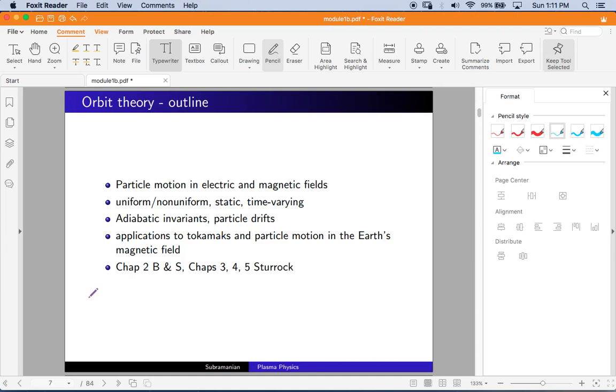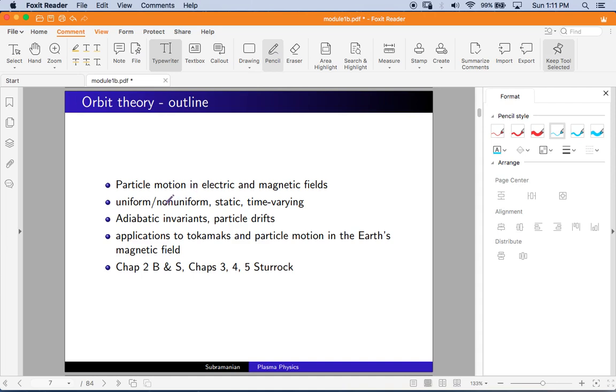So this is the outline of what we'll be talking about. We will be considering progressively higher levels of complication. We'll begin with the simplest situation first: particle motion in electric and magnetic fields. But are these fields uniform in space or non-uniform in space?